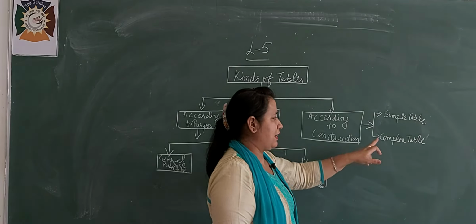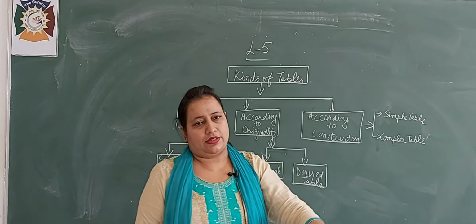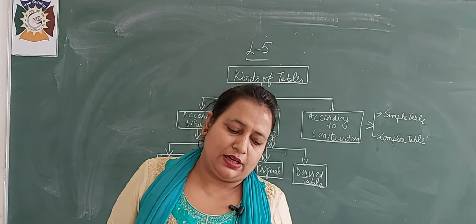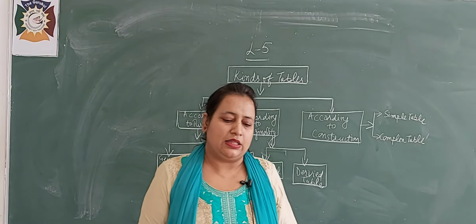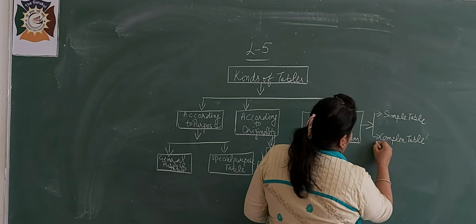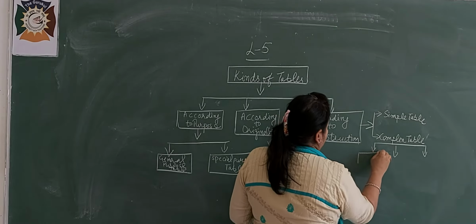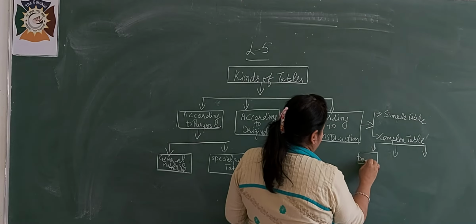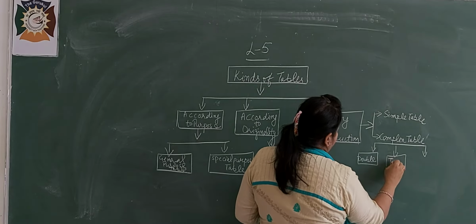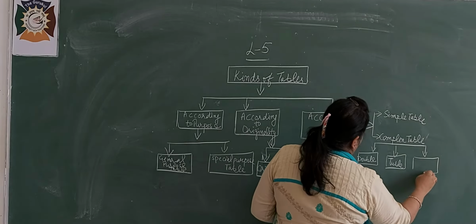This complex table is further divided into three parts: double or two-way table, treble table, and manifold table.